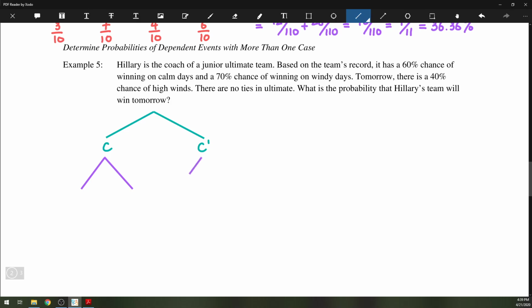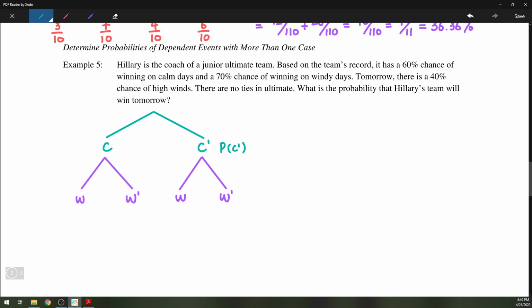So you can see that for every single question we've done so far, it's a good idea to draw the diagram. So we have win, not win, win, not win. So if there's a 40% chance of high winds, that means there's a 40% chance of it not being calm. And then there is a 60% chance that it is calm the next day.